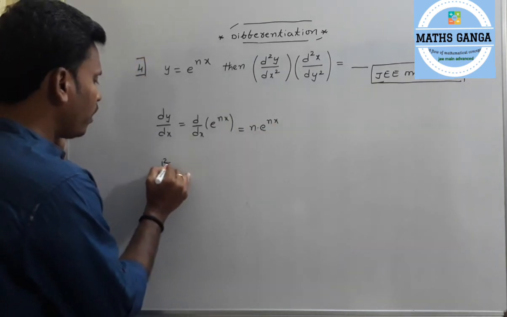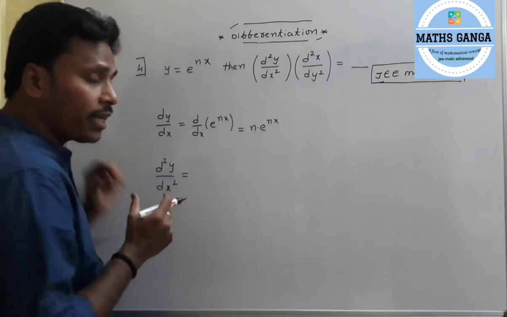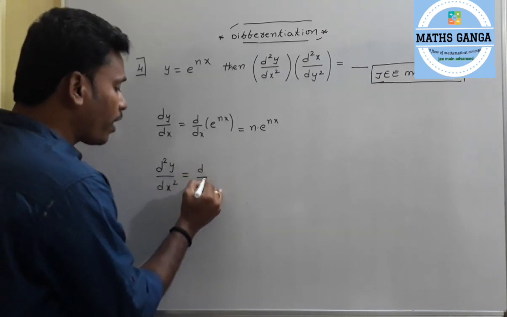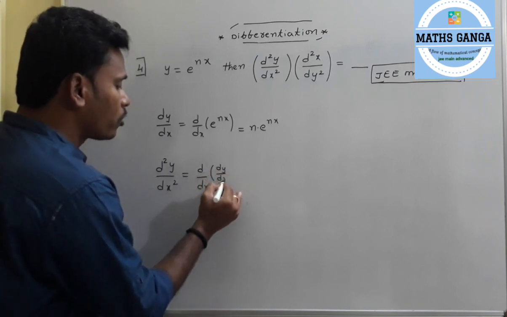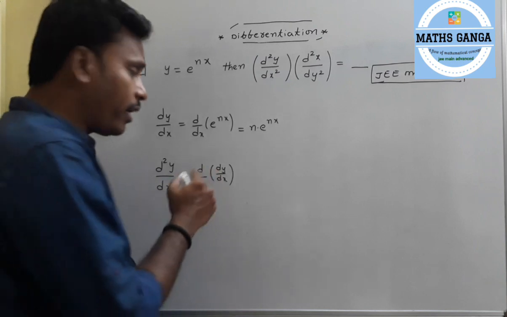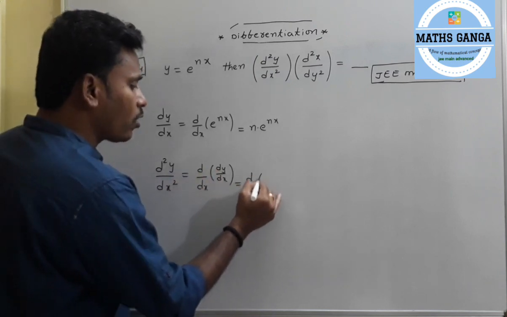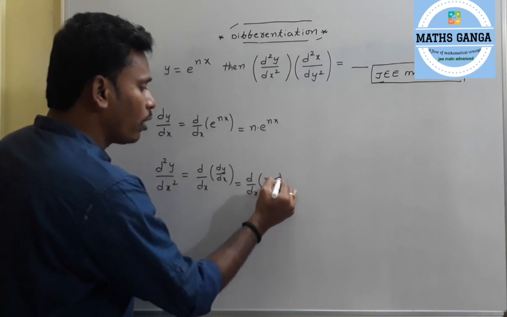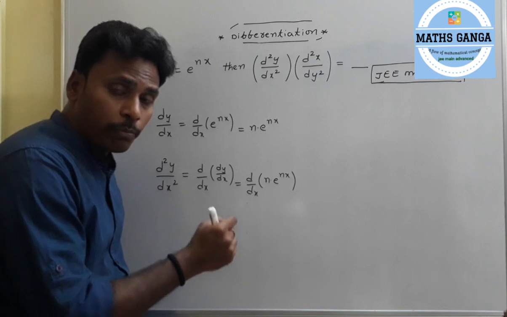And then d square y by dx square. D square y by dx square means what? Differentiating dy by dx with respect to x. So derivative of dy by dx with respect to x is equal to d by dx of n into e power nx.